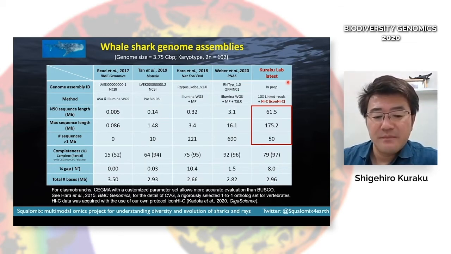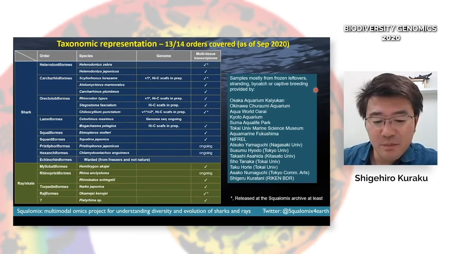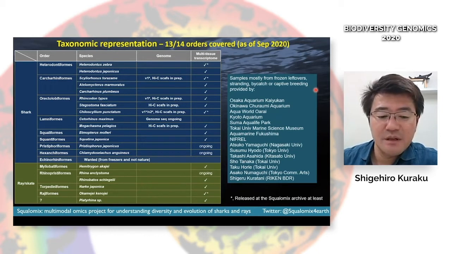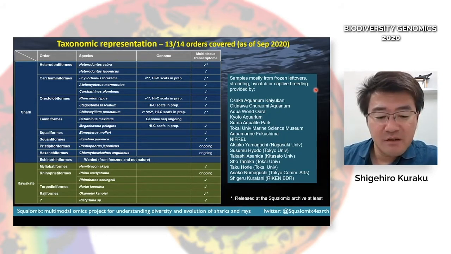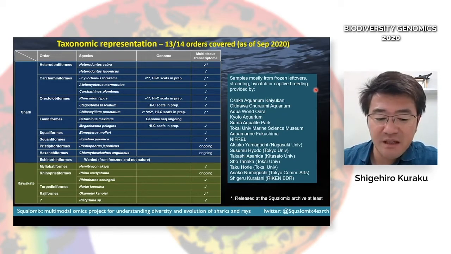So far, we have got multiple tissue transcriptome data at least for 20 species. This lineup covers most of the entire order level diversity, and we will continue to enrich the list.